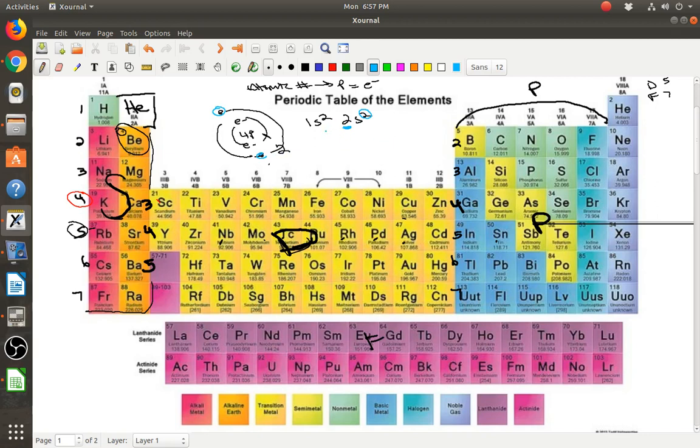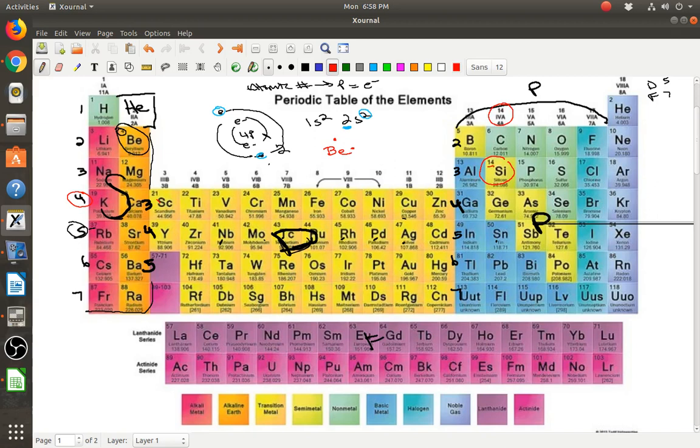Remember, the farther they are from the nucleus, the more energy they have. So the 2 valence electrons are what you put when you do the Lewis dot notation. You just write the symbol and draw electron number 1, electron number 2. That's the neutral atom. All right, now let's look at another one. What about silicon? Silicon is column 14 or 4A.